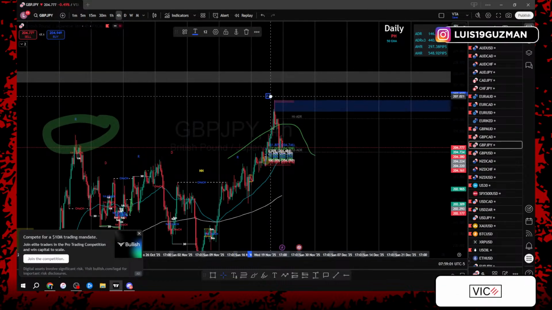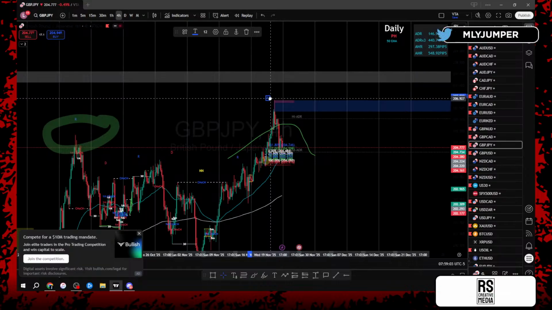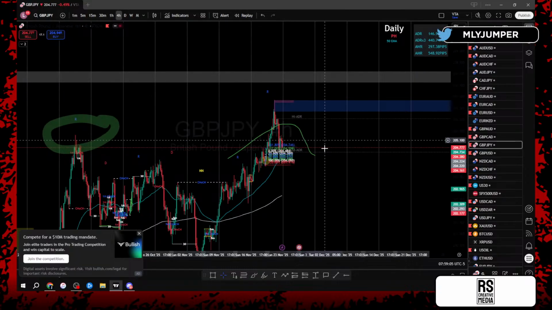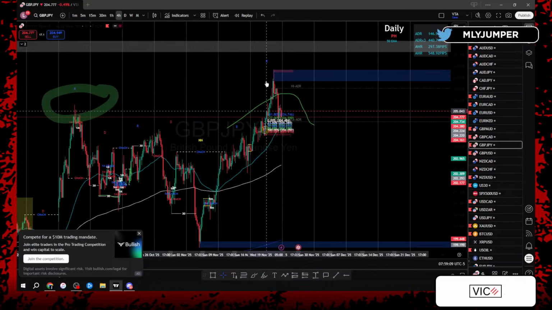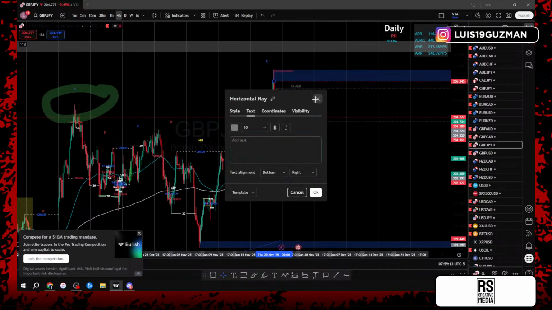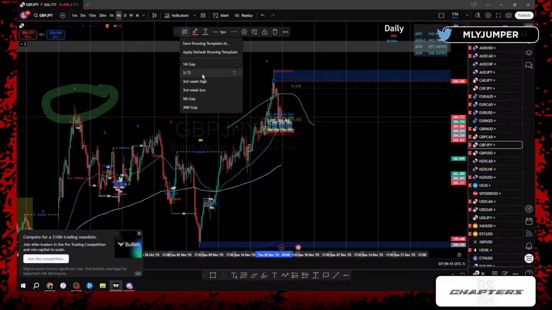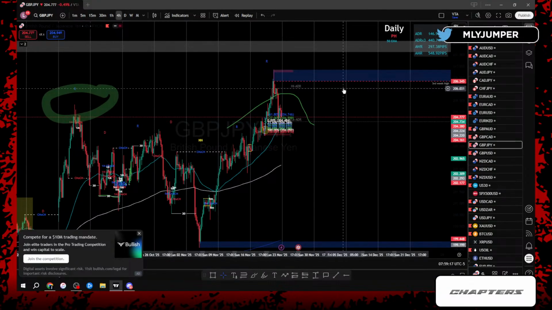Perfect. Now, could I be expecting a third week push? The only downside to this is the fact that we have such a steep pullback down to the bottom. Do I have a third week line? I don't think I do. I do. Okay.